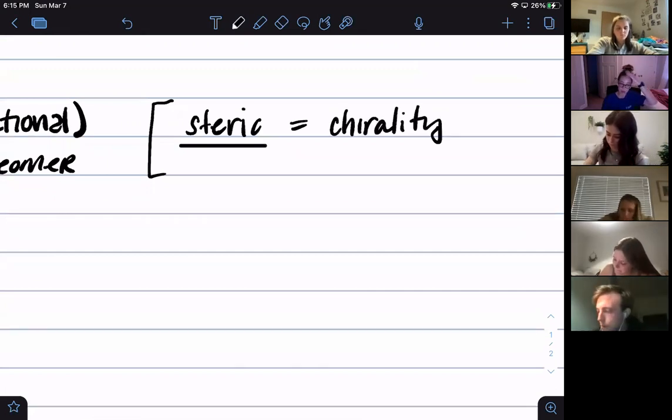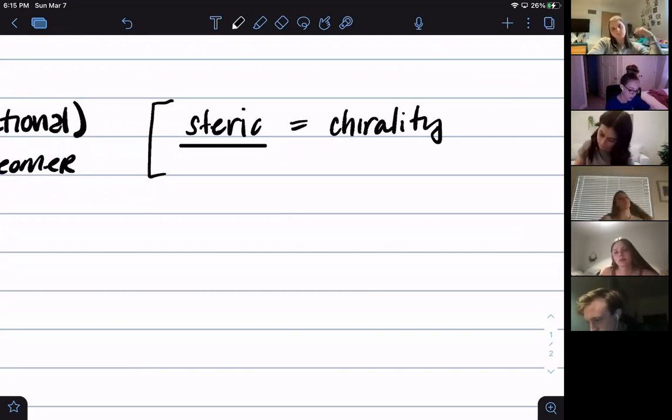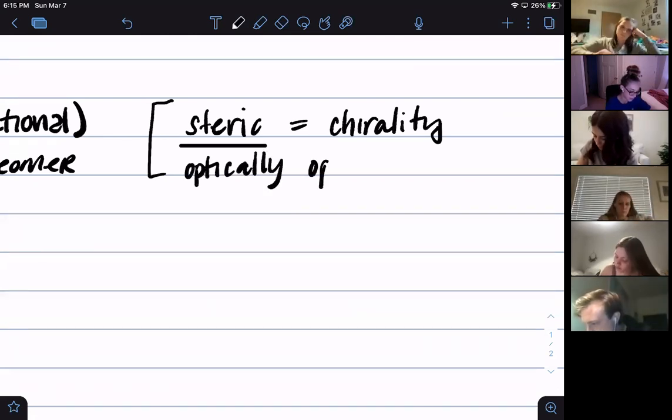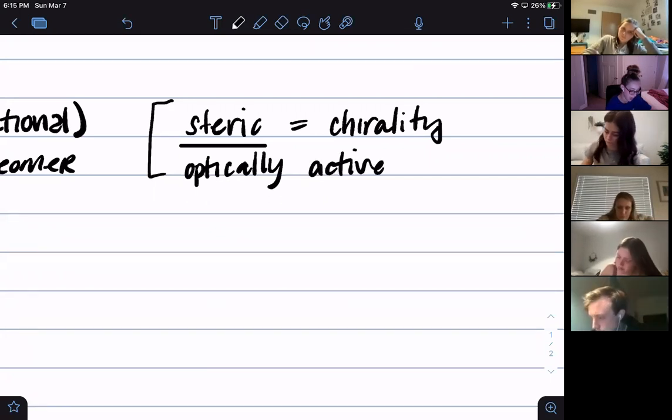Anytime you have a steric site, we're trying to determine if it could be chiral. You're also going to hear the terms optically active, steric, chiral. They're all the same thing. Again, tomato, tomato, but it's just making sure that you're aware what we're talking about.